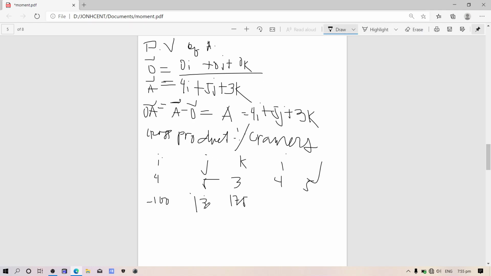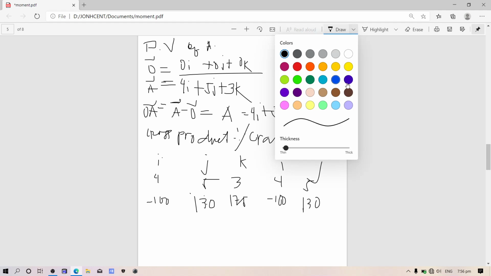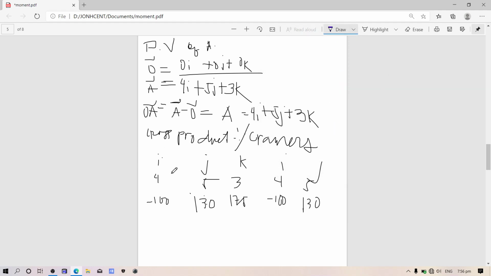Then ulitin mo lang sa kabila. Okay. So, in Cramer's rule, katulad lang nung sa una nating example, may kulay natin. So, diagonal uli. So, ito.